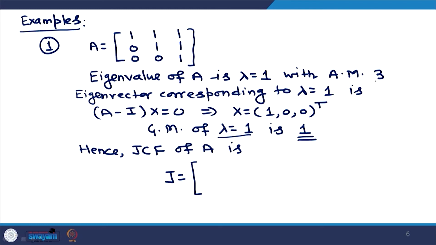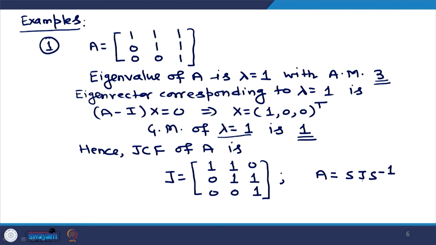And algebraic multiplicity tells you the total size of the Jordan blocks corresponding to eigenvalue lambda equals 1. So, here one Jordan block and size is 3. So, the Jordan canonical form is 1 1 0, 0 1 1, 0 0 1, and then we will find a matrix S such that A equals S J S inverse. We will see how to find this matrix S in the next lecture.